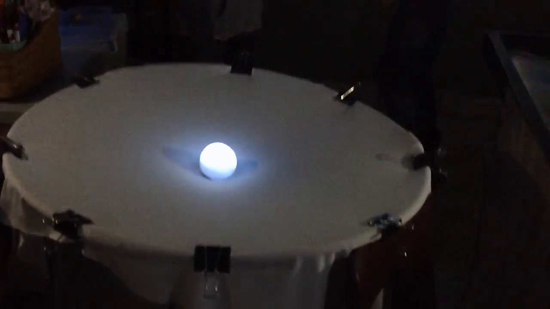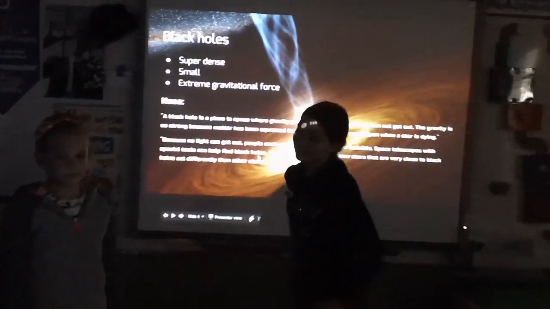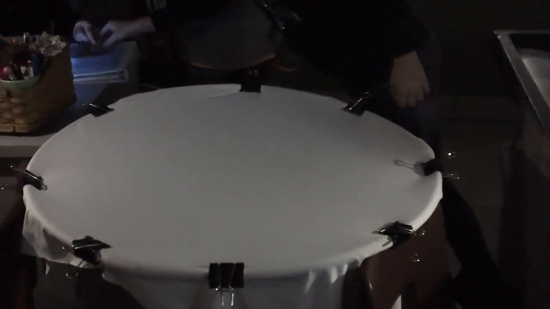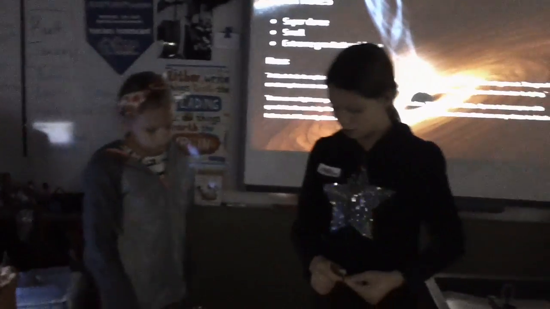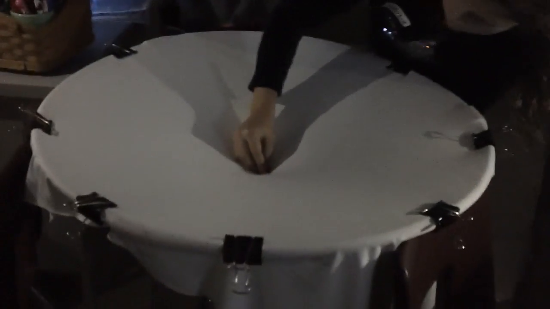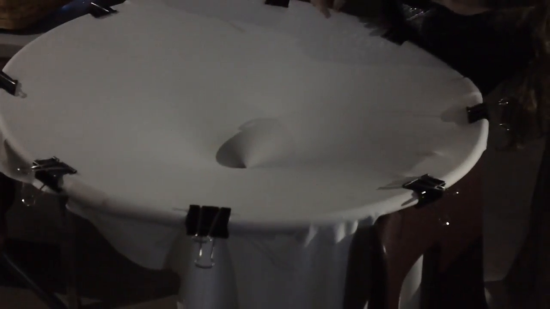Black holes. Yes, these are extremely dense. So we have ourselves a black hole here. And now they're extremely small and have extreme gravitational force, so it's going to be way down here.